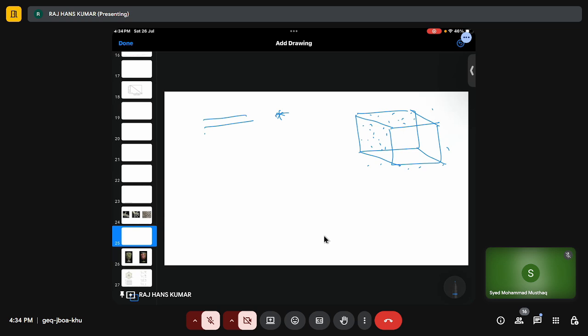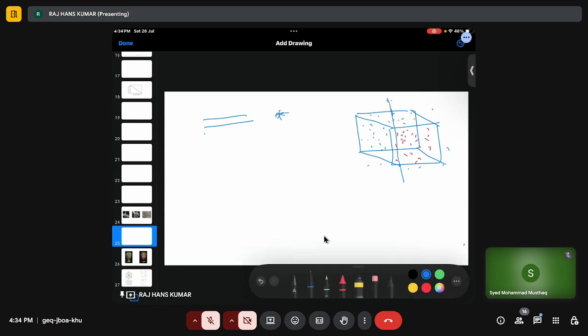Now these are my inside atoms, the volume atoms. Now, if I try to break this guy, let's make it half. Then what happens? I have two smaller cubes.